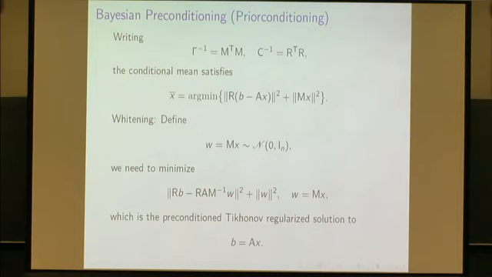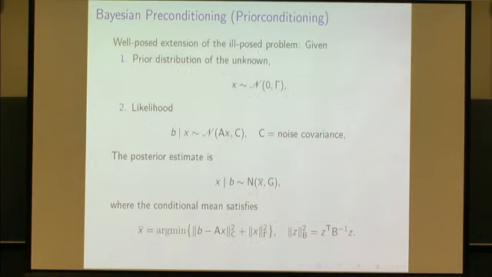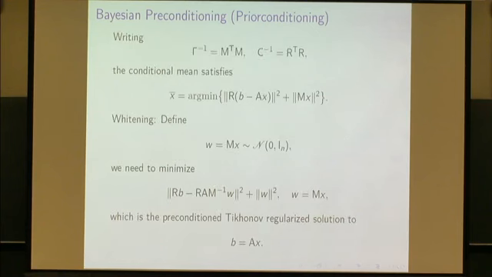Then if you go back and look at this formula, you plug in the decompositions of C inverse and gamma inverse, and you get a quadratic form where you have R times (b minus Ax) plus Mx. And now it starts to look a little bit like what we have seen before. So we do whitening at this point.